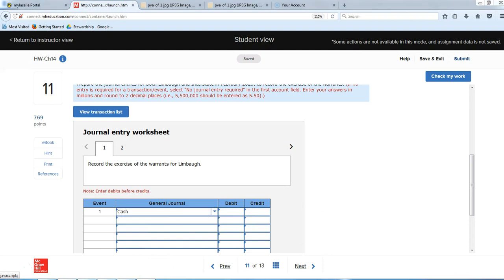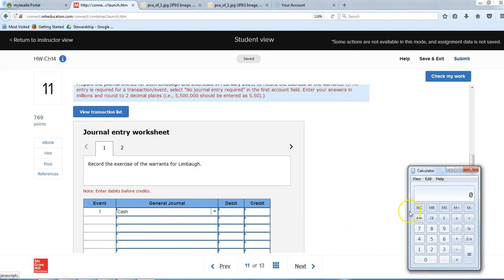Cash received is $60 per warrant. How many warrants did Interstate purchase? $30 million of face value divided by every $1,000 can purchase 20, are attached with 20 warrants, but Interstate only purchases 20%. So this is the amount of warrants Interstate has. Now multiply by $60 each. So $7.2 million.